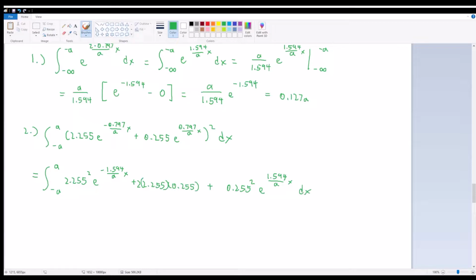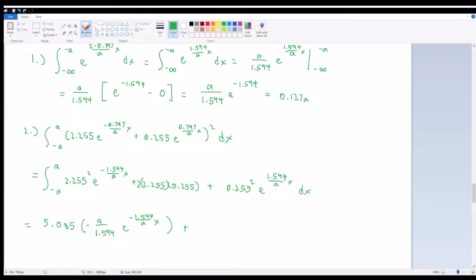Okay, let's see, what are these going to give us? 2.255 squared is just going to become 5.085 multiplied by, let's see, negative a divided by 1.594 times e to the negative 1.594 over a times x. And then we're adding, and this middle term is 2 times 2.255 times 0.255.